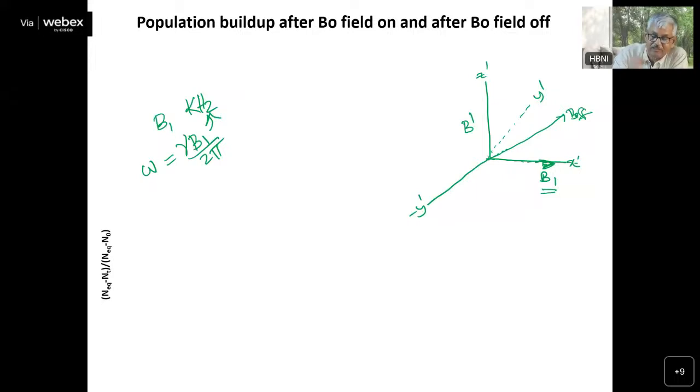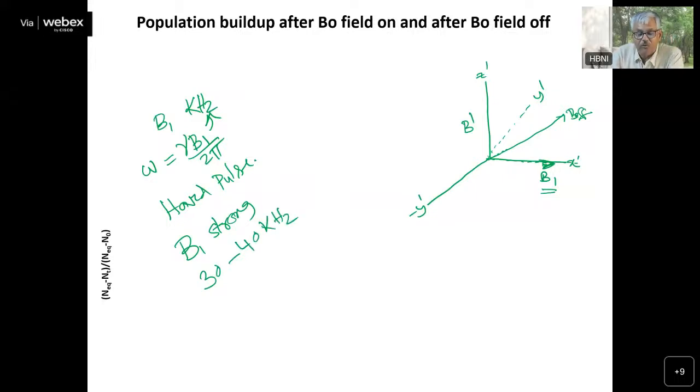If you give a hard pulse, the B1 will be very strong, and normally you will see about 30 to 40 kilohertz. That comes in millitesla, or less than millitesla.